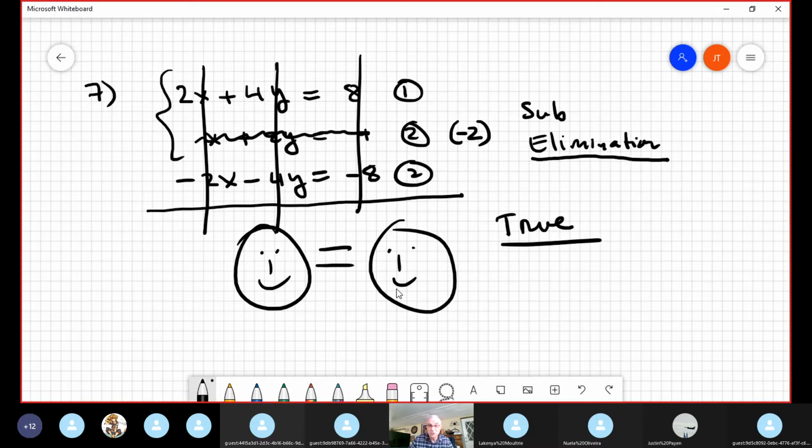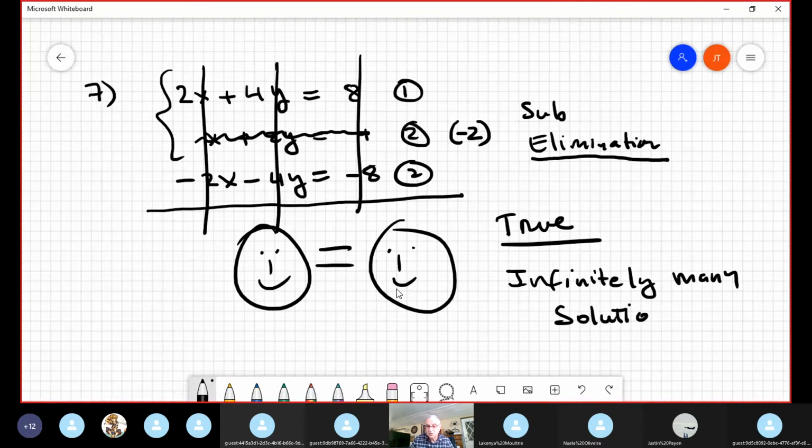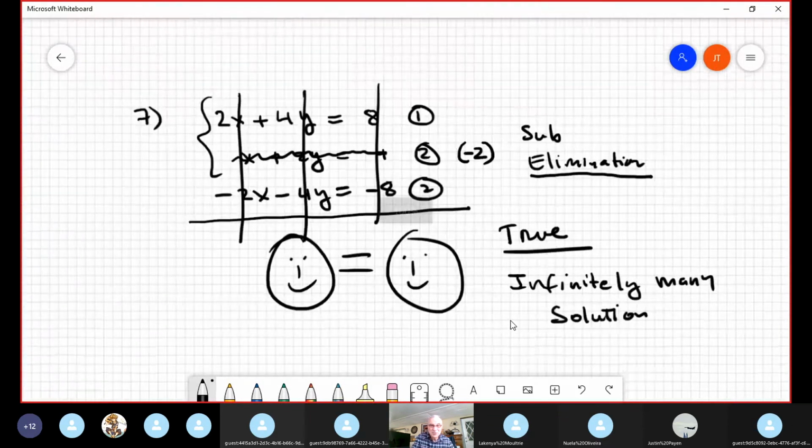There are no contradictions. Something is good. So we have solutions. The problem is that we have infinitely many solutions, because these equations are dependent. This equation is the same equation. I guarantee you 100%.